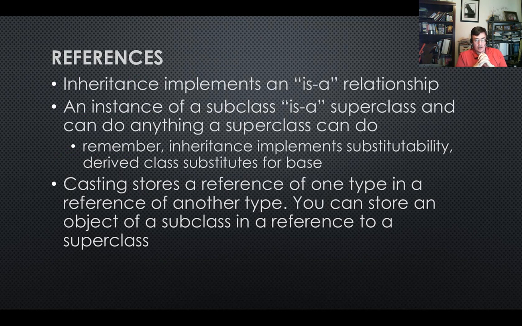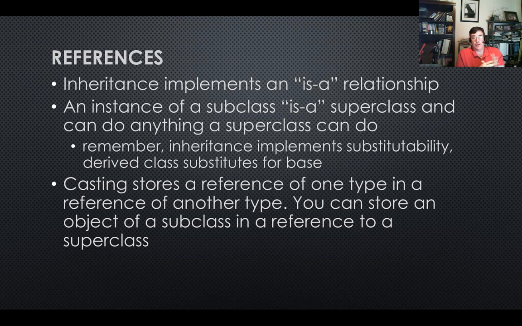So we mentioned inheritance implements an is-a relationship. An instance of a subclass is a superclass and can do anything the superclass can do. Remember, inheritance implements substitutability. The derived class can be substituted for the base class. What that means is you can cast a reference of one type to a reference of a different type if they're related via inheritance.